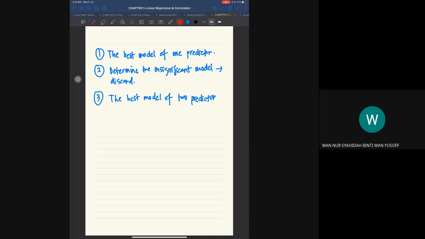The best model here is based on significant p-value and also the highest R square, because it is simple linear. And then here, significant p-value and the highest adjusted R square.